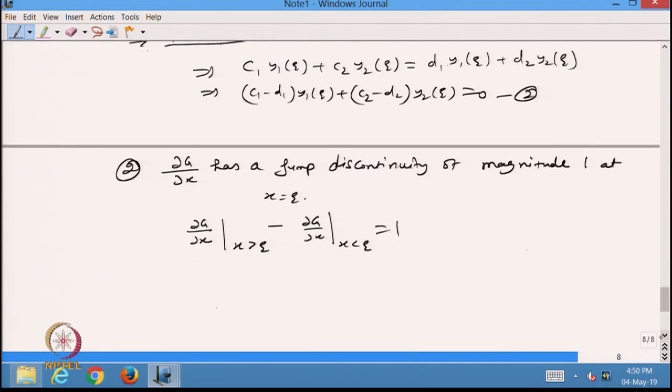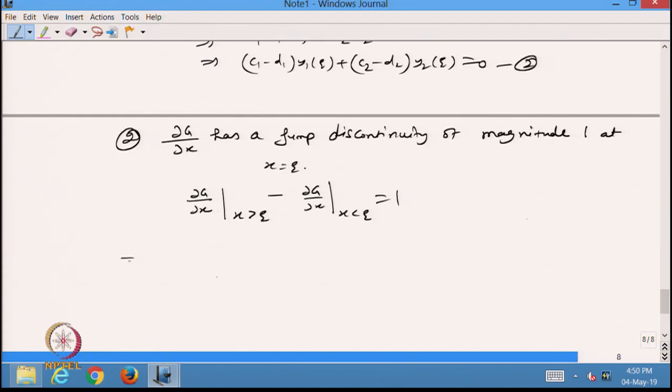So, from here we can say that d1 y1'(xi) plus d2 y2'(xi) minus c1 y1'(xi) minus c2 y2'(xi) is equal to 1.